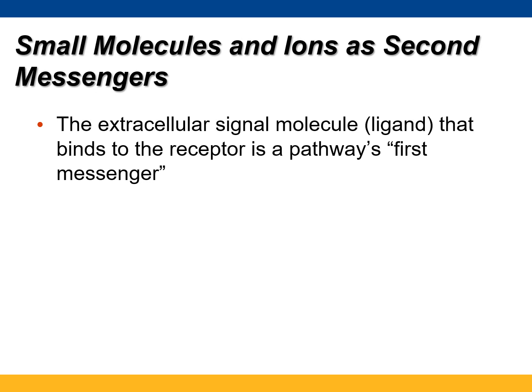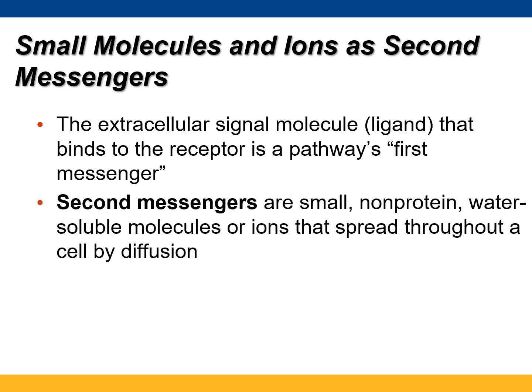So if the signal arriving at the cell is a first messenger, like a ligand for a receptor on the cell surface, then the molecules that are created, released, and diffusing throughout the cell, mediating protein function, are known as second messengers.